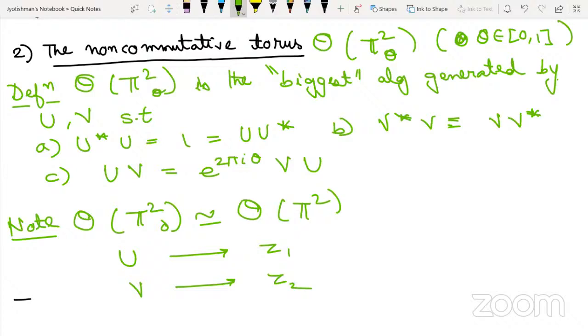This isomorphism is given by U maps to Z1 and V maps to Z2. That's what I said. This is just a map between the function algebras on the right hand side. There is no space when theta is actually non-zero. Okay, so can we move on?